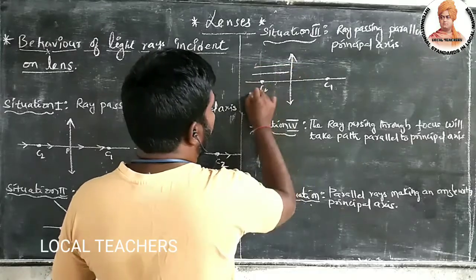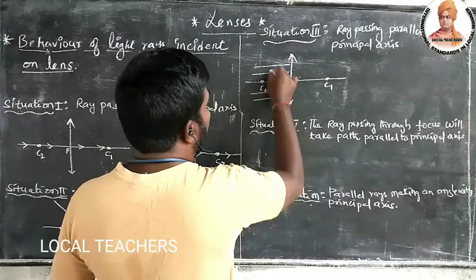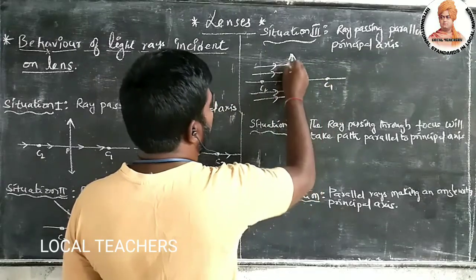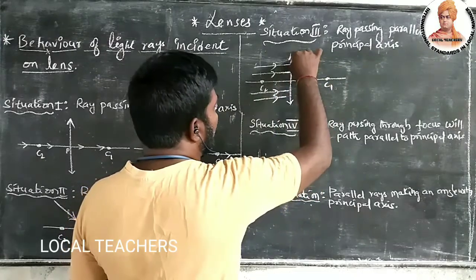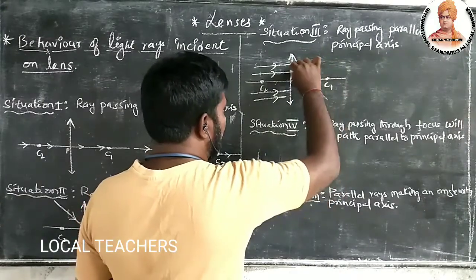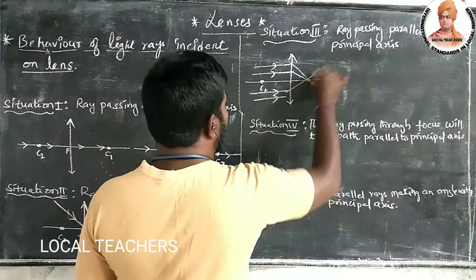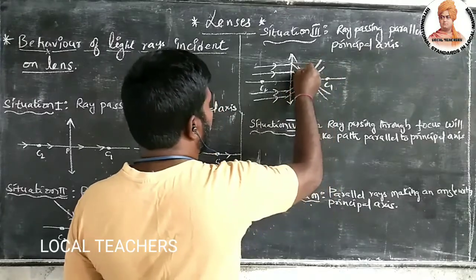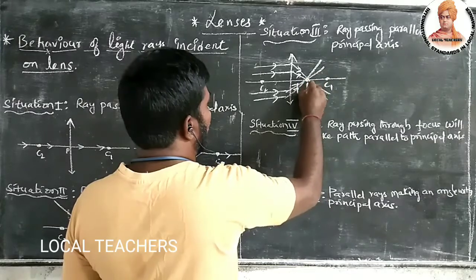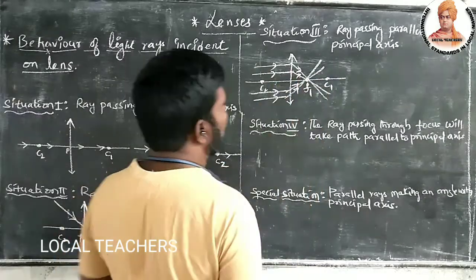These are the rays parallel to the principal axis. All the refracted rays will converge at a particular point. That particular point we call the focus.